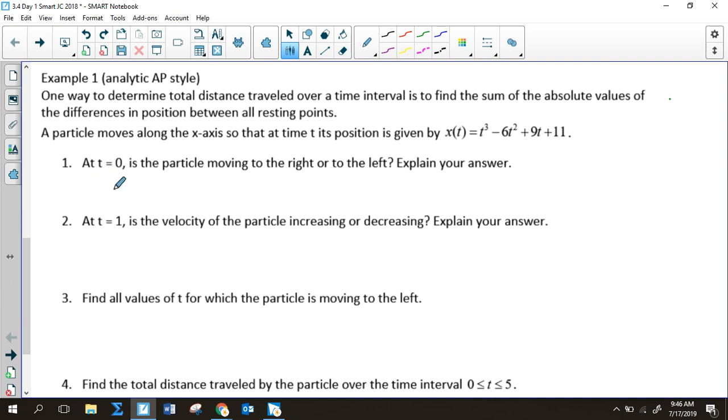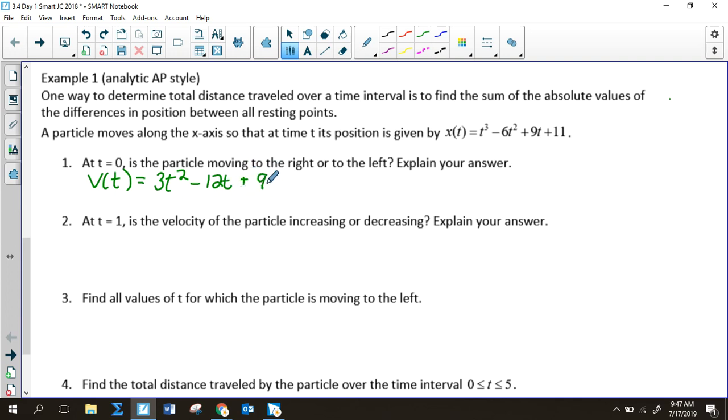So at time equals 0, we want to know, is the particle moving to the right or to the left? Remember that this relates to the velocity. If the velocity is positive, you're moving to the right. If the velocity is negative, you're moving to the left. So we need to find the velocity, which is the derivative of the position. The derivative of this function is 3t squared minus 12t plus 9.